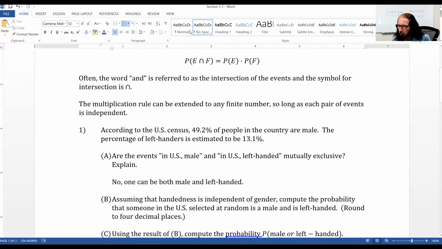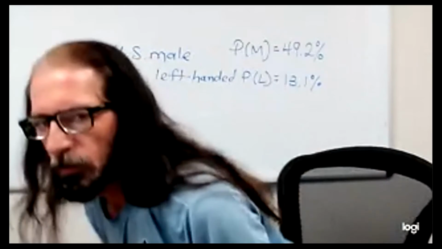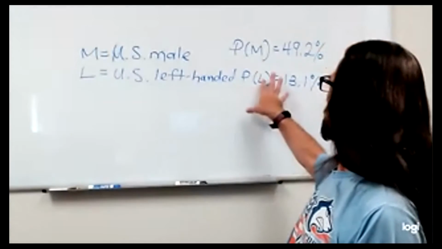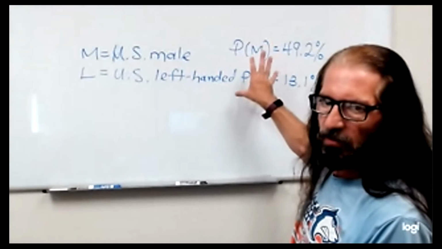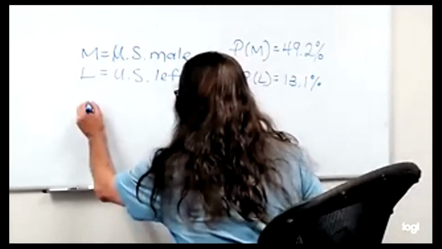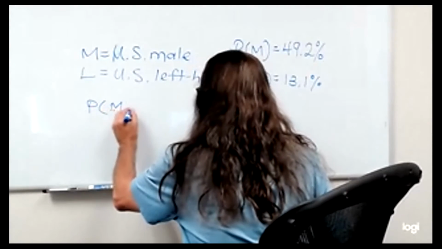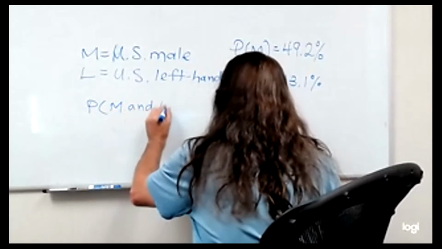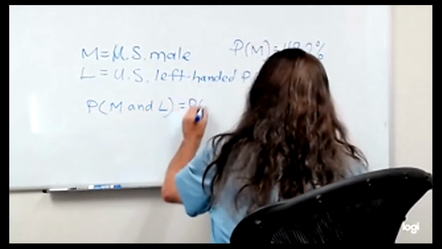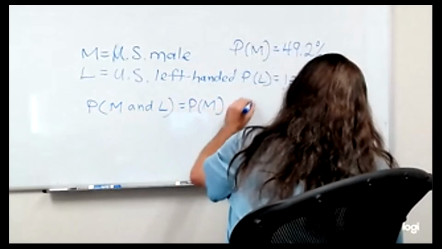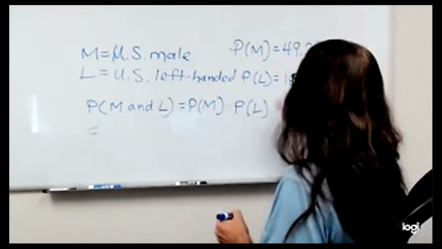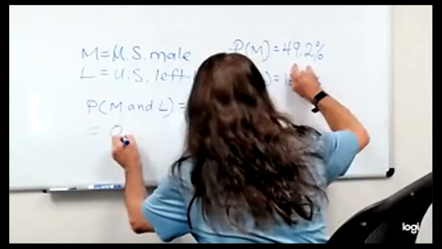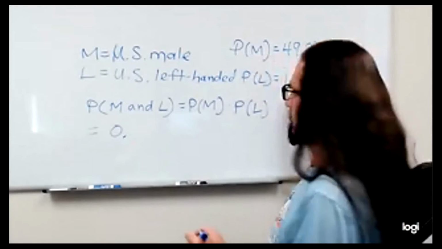So I've just copied that down, and let's take a look at the board now. To multiply these, we're going to have to convert those percents to decimals. And so if in fact the probability of male and the probability of being left-handed are independent, then we could do this multiplication, but we need to move the decimal place 2 to the left in each case.